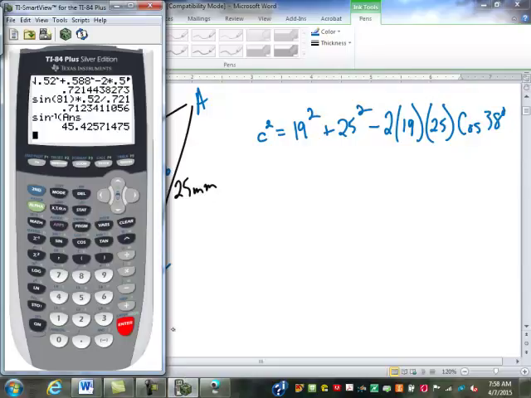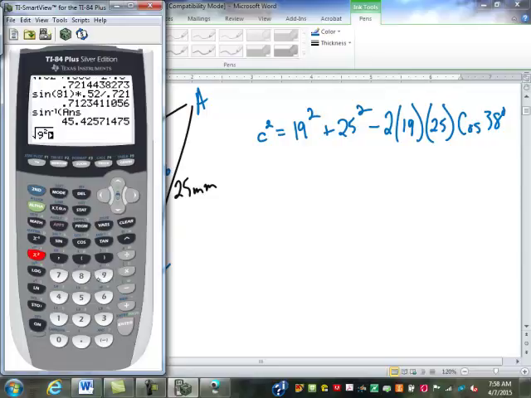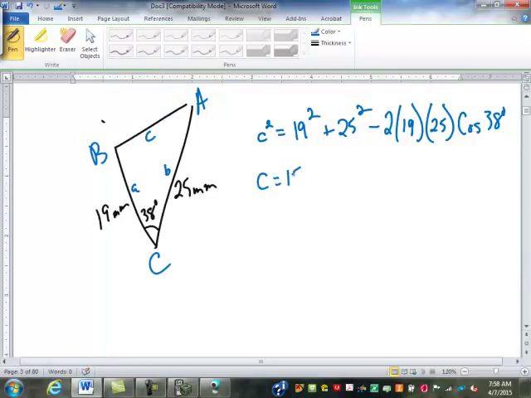So again, the way I'm going to punch this in my calculator is the square root of 19 squared plus 25 squared minus 2 times 19 times 25 times the cosine of 38 degrees. Again, make sure you close your parentheses. And I get 15.41 millimeters.